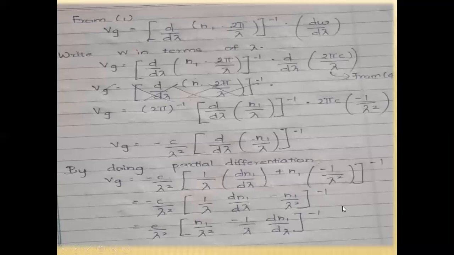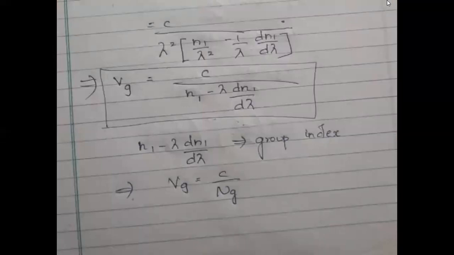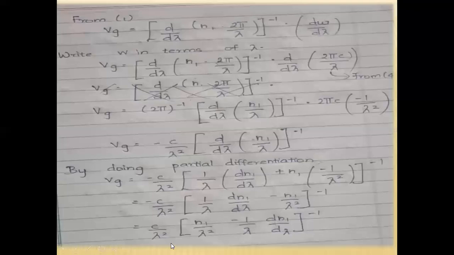To avoid this whole inverse, we have to write this term as a reciprocal term, right? So by rearranging, we will get c by λ² into n1 by λ² minus 1 by λ into dn1/dλ. So now we get the value Vg equal to c divided by, here already we have λ², so this λ² is multiplied throughout inside.